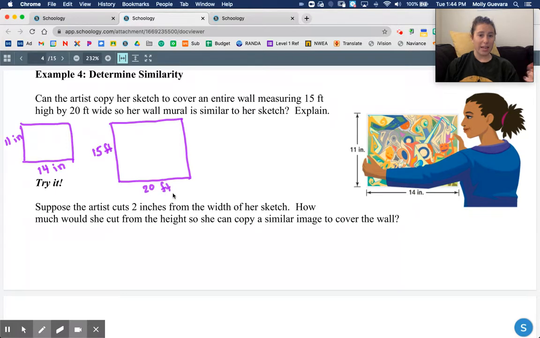Now, I can't compare these right now because one of them is in inches and the other one's in feet. So what we're going to do is we're going to change this 15 feet to inches by just multiplying it by 12. So 15 times 12, 180. And then 20 times 12 is 240.